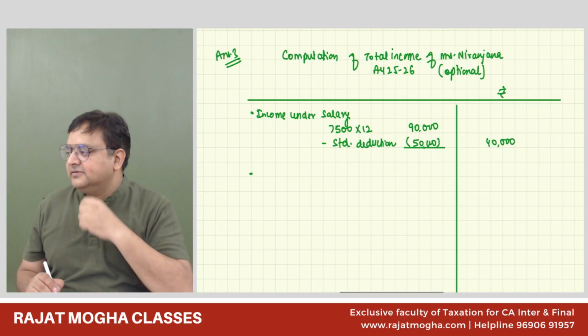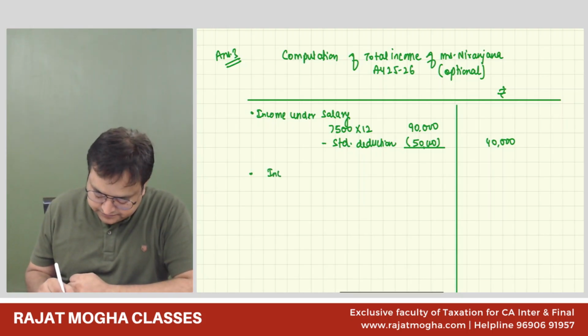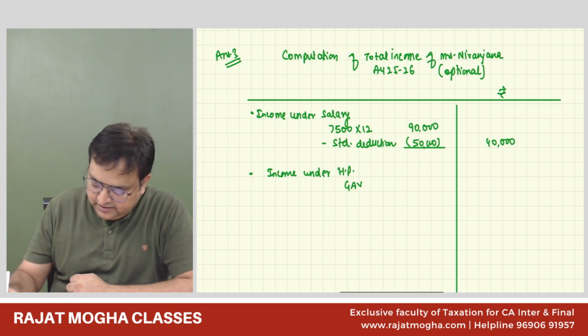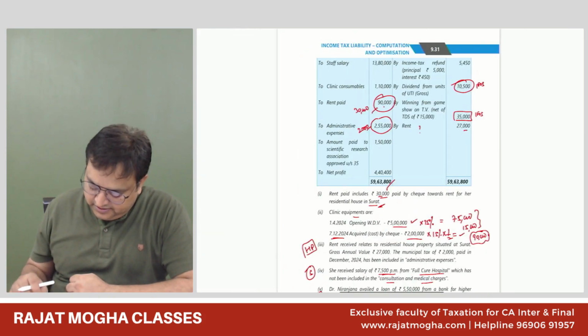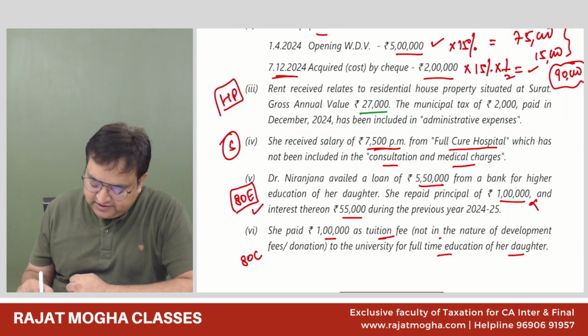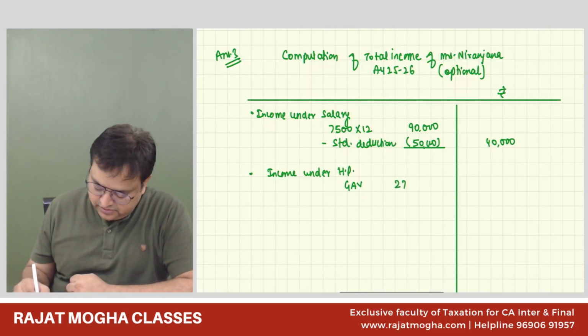The second is income under house property. Gross annual value, they have already given 27,000 for this property, minus municipal taxes paid.